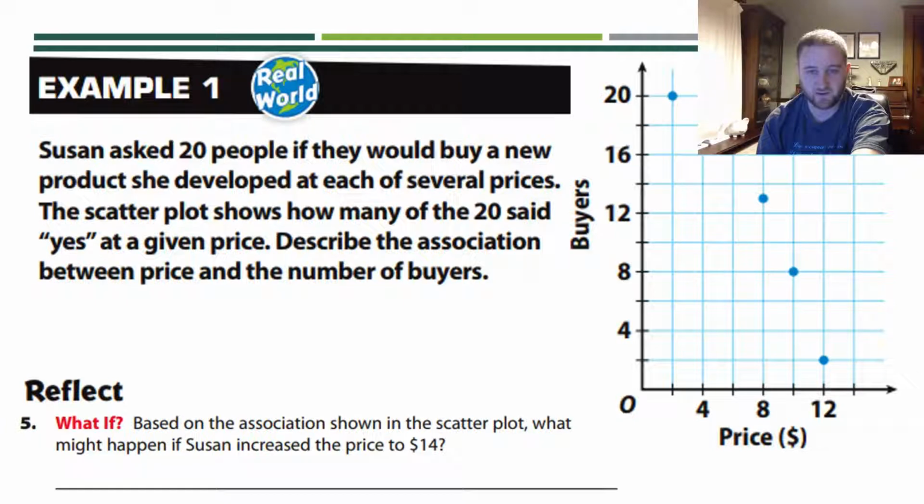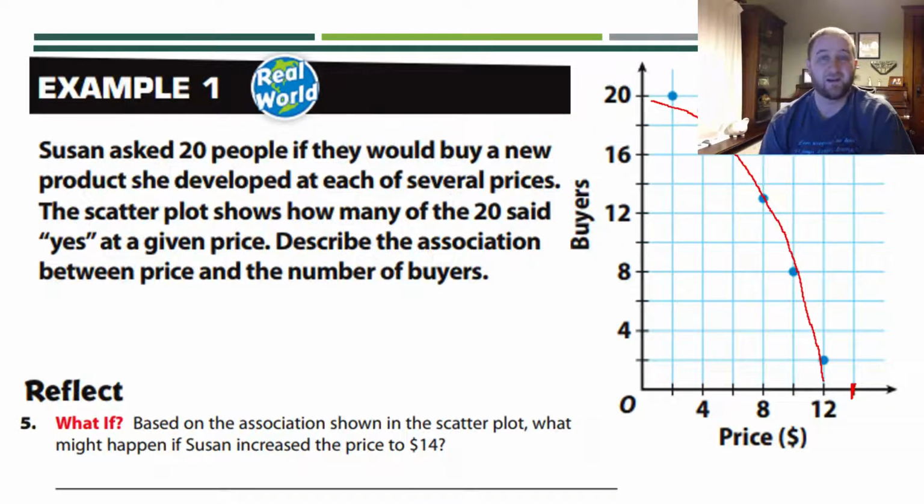So actually, $14. No, sorry, that is $14. Yeah, $14. How many people do we think is going to buy it? Probably none. I'm sure Susan's got a great product. But if she keeps increasing the price like this, there becomes a point where people aren't going to want to buy it. So at $14, probably nobody's going to want to buy it.